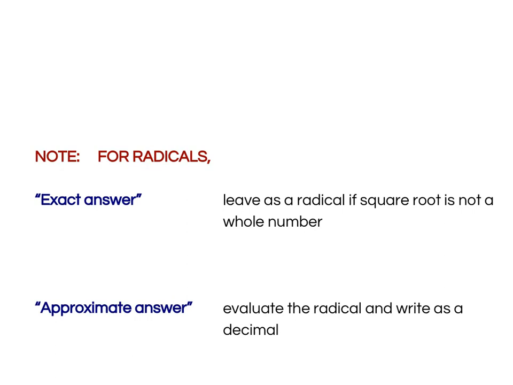So there we have it. If a question says exact answer, then they want you to leave it as a square root. They don't want you to evaluate it. Again, that depends on whether the value under the square root can give you a whole number or not. For instance, if your answer for the length of the line ended up being √25, don't leave it as √25.